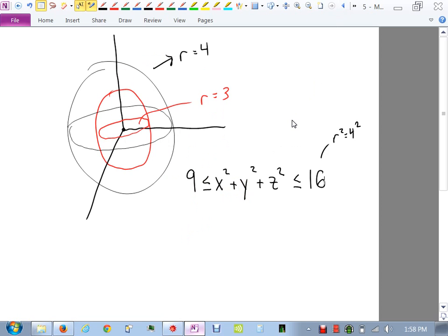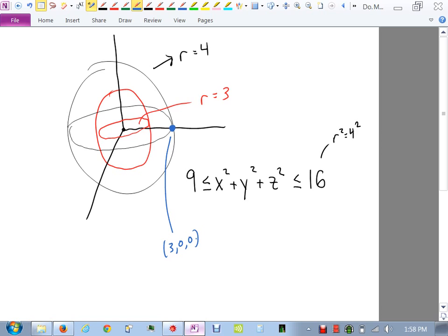So does this one make a little more sense now? What we're saying is all the points that are less than the radius squared, but then for the 4, which would be the outside of the coconut, and then the inside would be a radius 3, which would be 9. So let's again pick a point here. What about this outside edge? That is the point 3, 0, 0, isn't it?